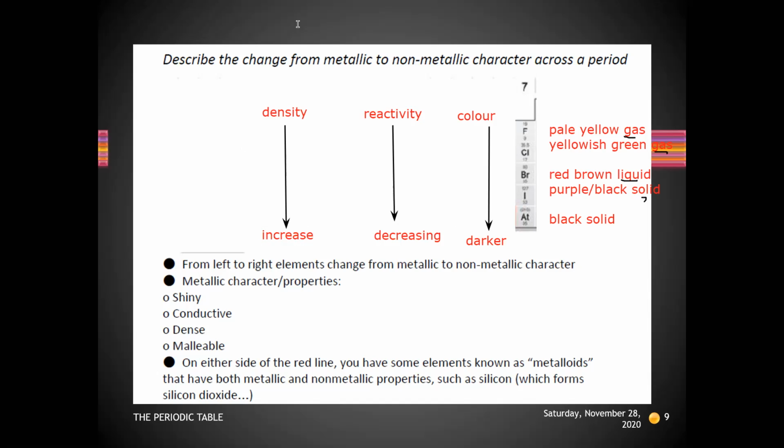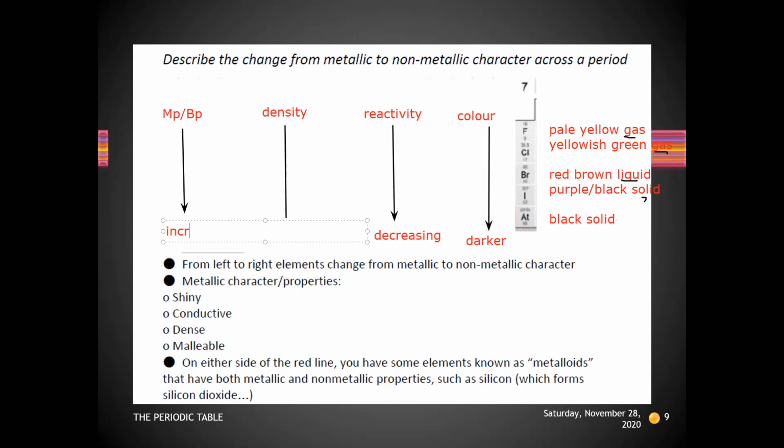And what about the melting point for these non-metals? As you can see, first are the gases, then a liquid. So as we go down the group, the melting or boiling point will also increase.